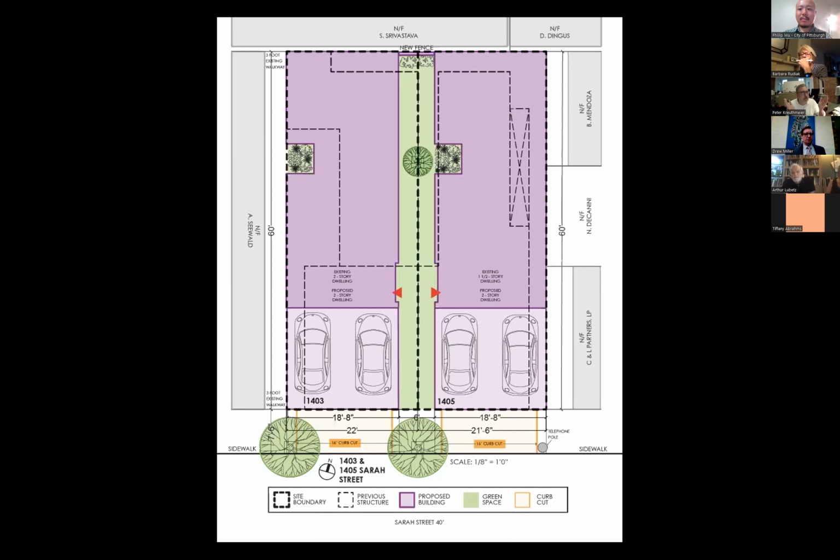So that's the question. What's your argument for increasing the density? What's the hardship argument for increasing the density on this one parcel? I'm not trying to be antagonistic. Sure, no, I get that.